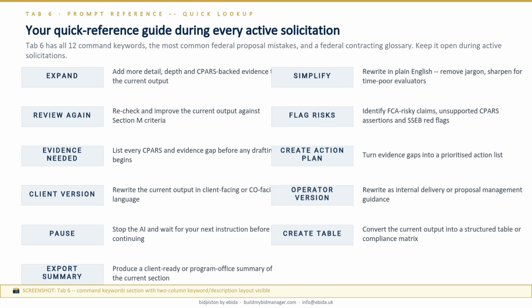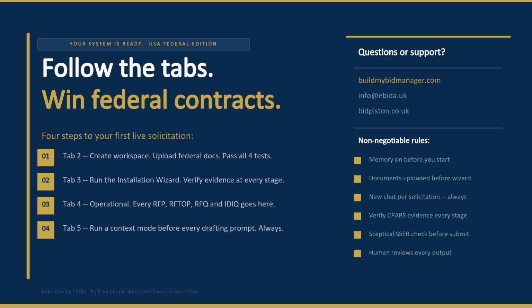The Federal Contracting Glossary covers FAR, DFARS, SSEB, CPARS, IDIQ, LPTA, Best Value, PWS, SOW, SAM.gov, NAICS, and more. That is your complete setup guide for the USA Federal Edition.